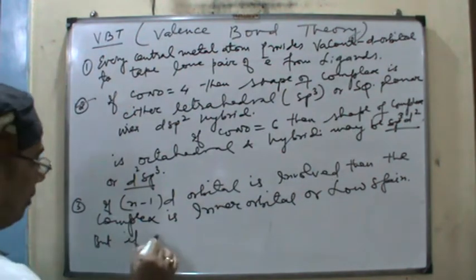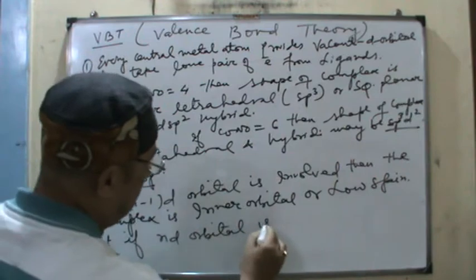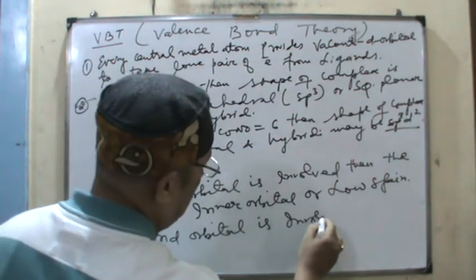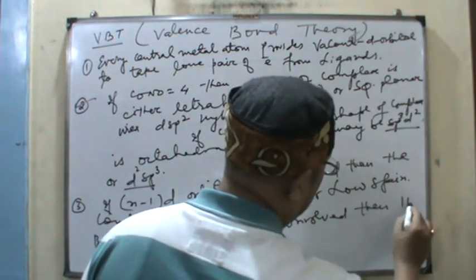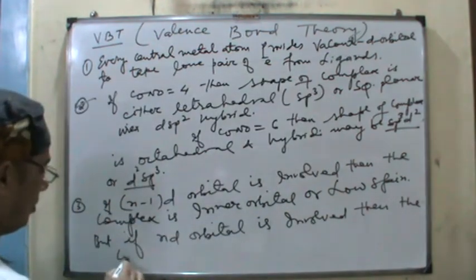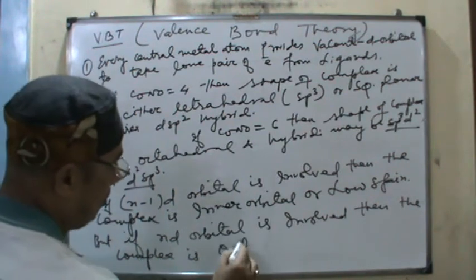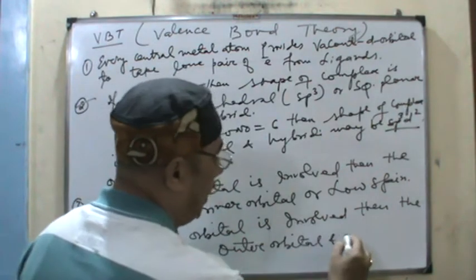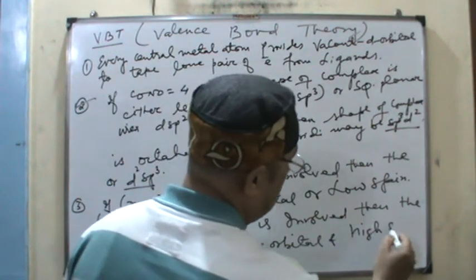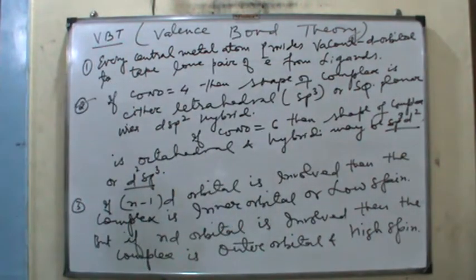But if the nd orbital is involved, then the complex is outer orbital and high spin. Right.